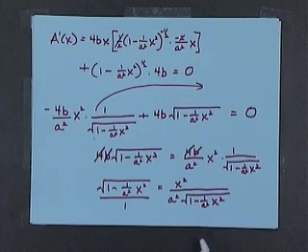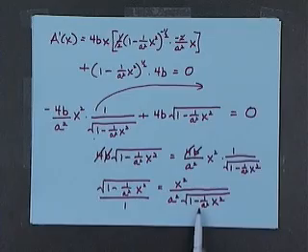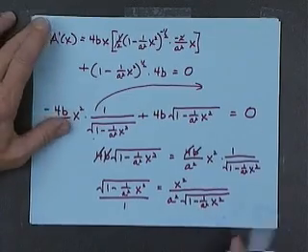Now we can cross multiply, and we have that ugly radical times itself, which any square root times itself, you're back to what's under the radical.